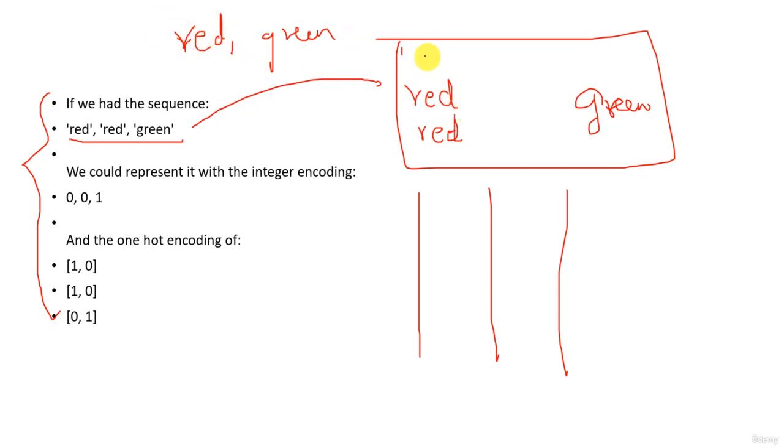So take out only the unique categories first. In our actual data we have 2 red, but unique is only 1 red, and green is only once. So for the unique categories, you create the columns: one will be red and another will be green.